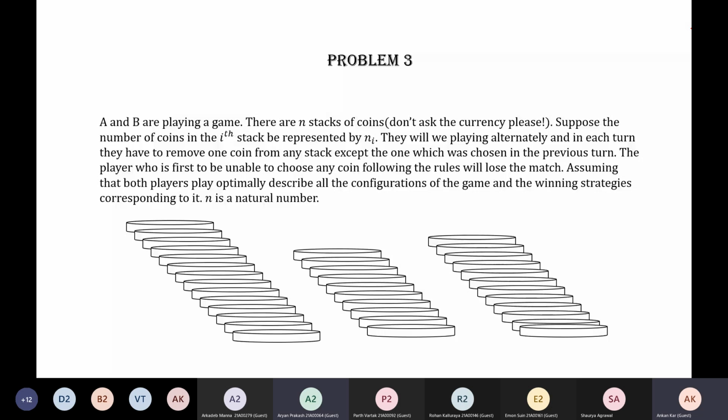Sir, you said if there is only one stack, B will win, but won't that depend on the parity of N? No, only for n equal to 1. If there's only one stack, then A will win, like the person who starts. But if N is even, like the number of coins in that stack is even, then A will lose, right?